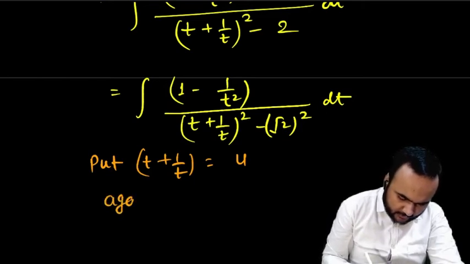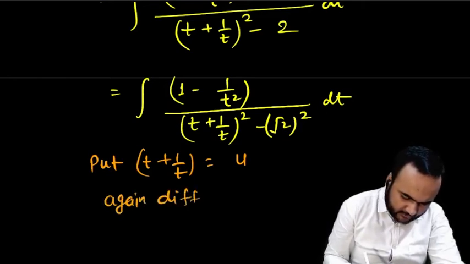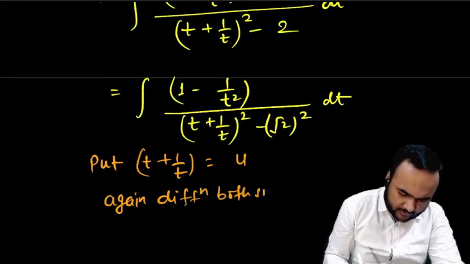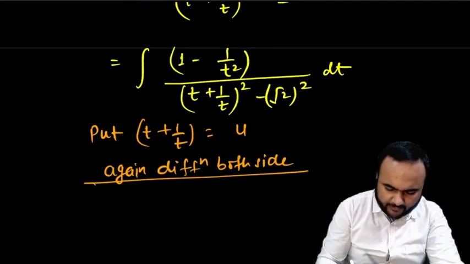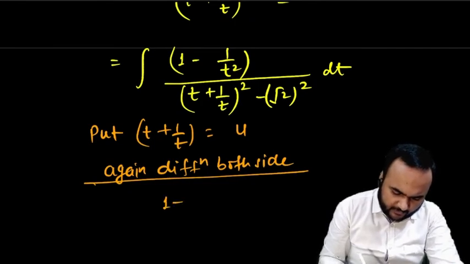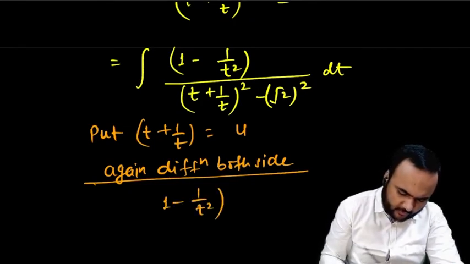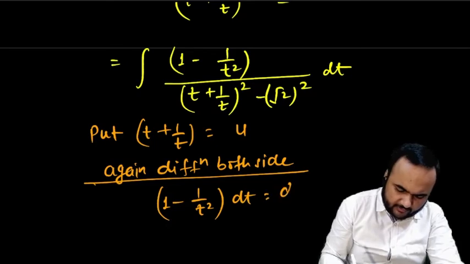Again, differentiating both sides, this will become 1 minus 1 by t square into dt is equal to du.